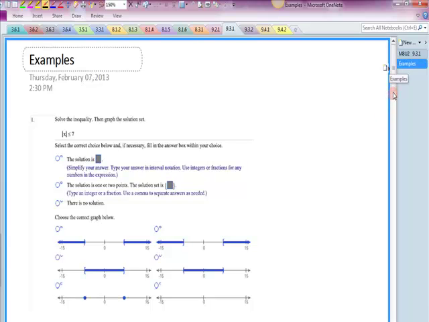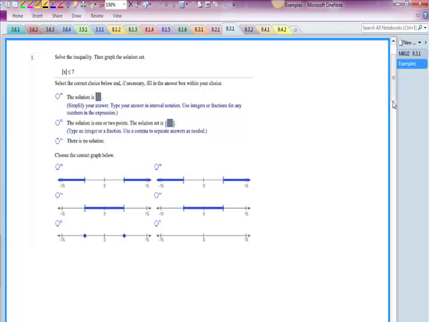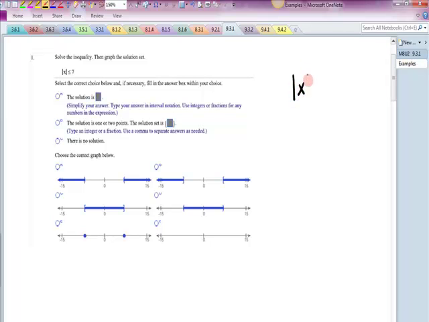All right, problem number 1. It says solve the inequality, then graph the solution set. Well, the inequality is absolute value of x is less than or equal to 7.